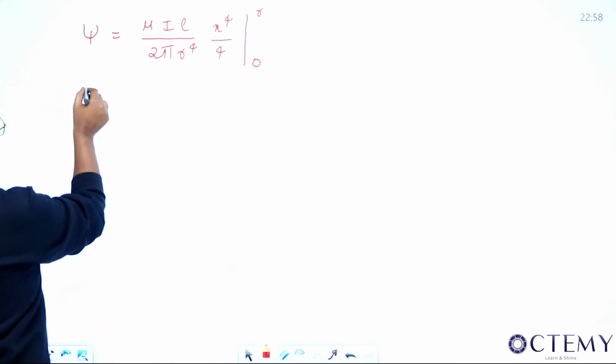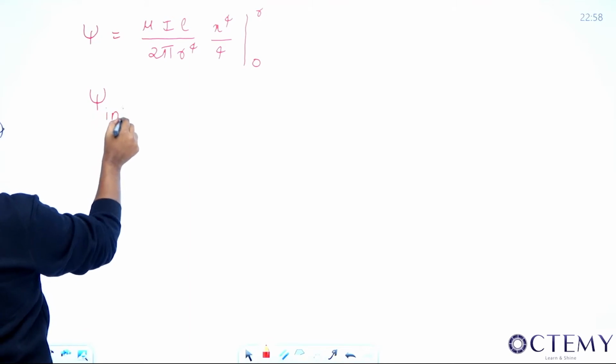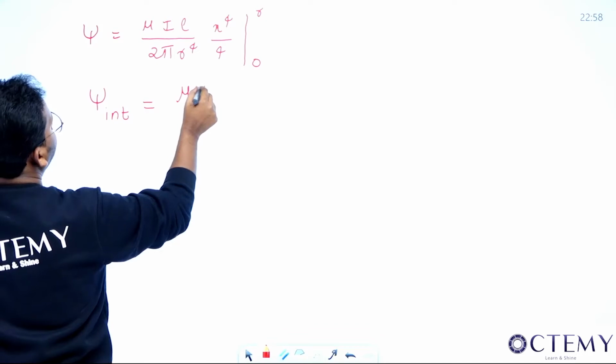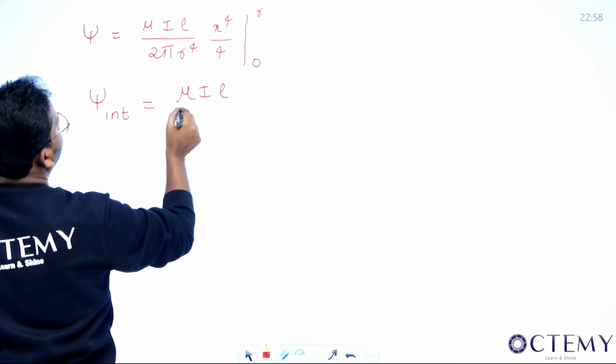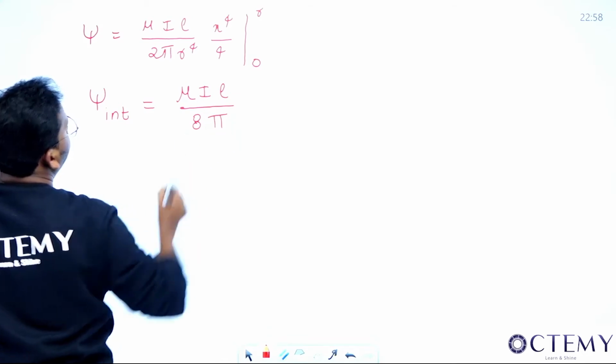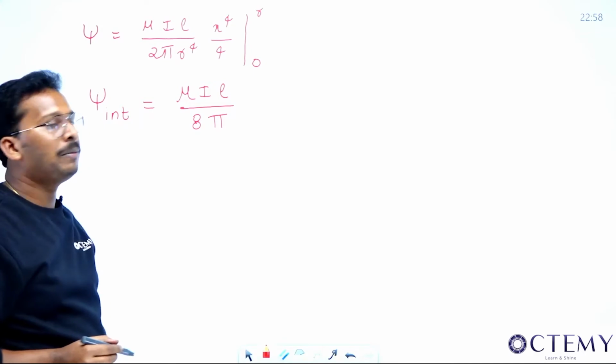If I do this, the total internal flux linkage, the phi internal, will be mu I L divided by 8 pi, because this will become r power 4, r power 4 will get cancelled, and when you put 0, it will entirely become 0.